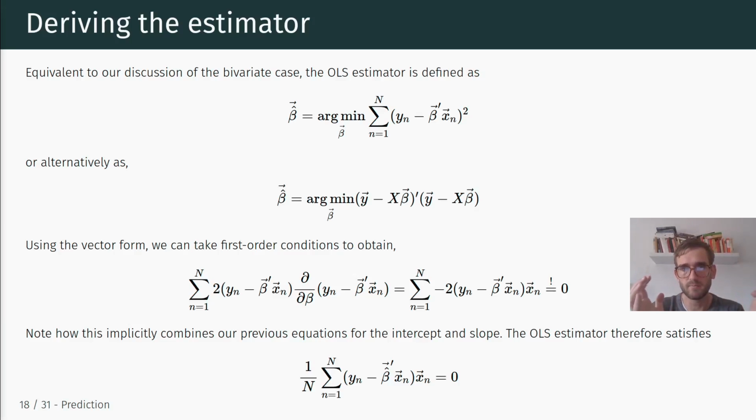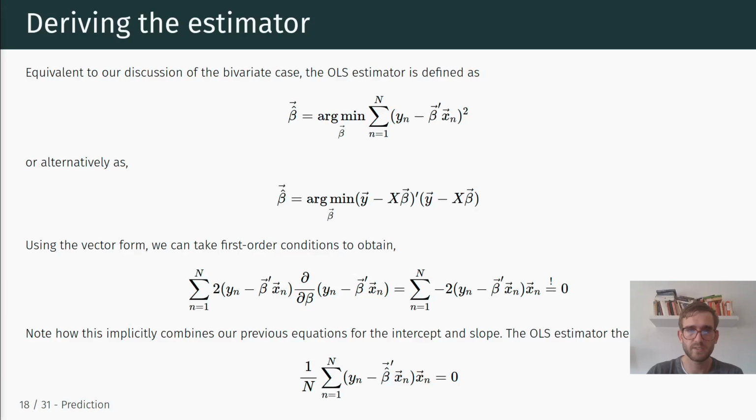Try going back to the slides or the video where I derived OLS in the bivariate case, and compare those two equations with this vector specification, and you'll see that the vector specification combines the two individual first order conditions that we derived for alpha and beta, okay?